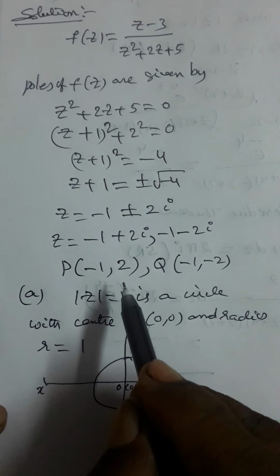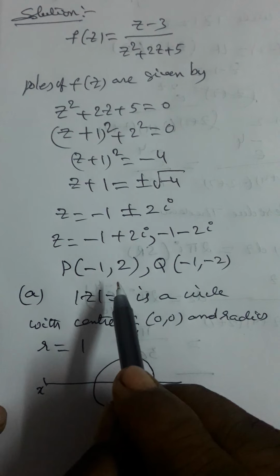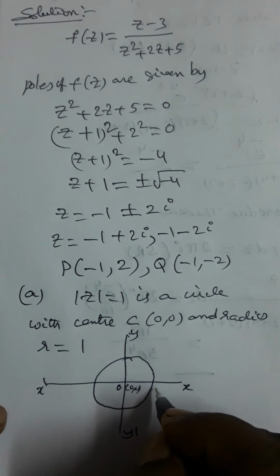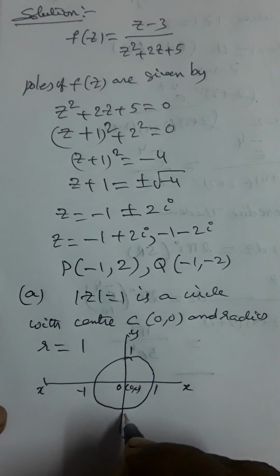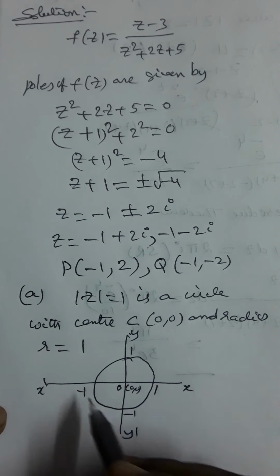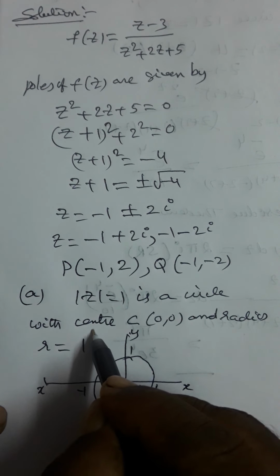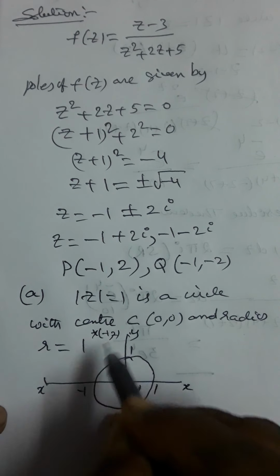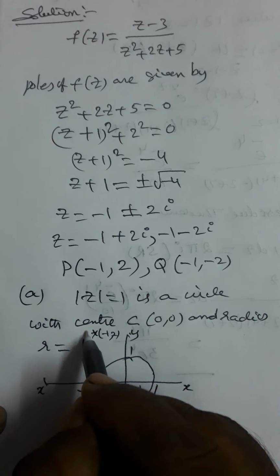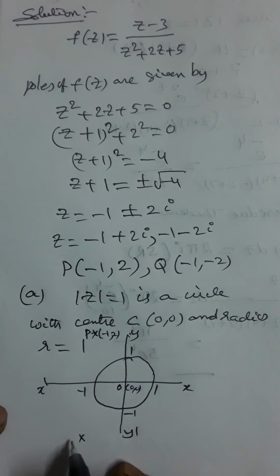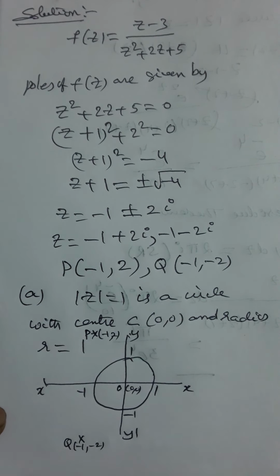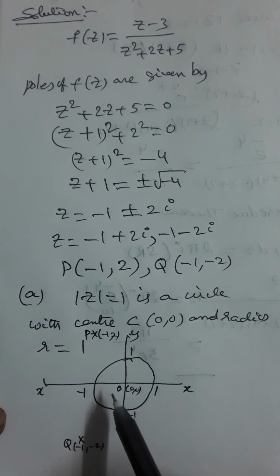Point P is (minus 1, 2) and point Q is (minus 1, minus 2).